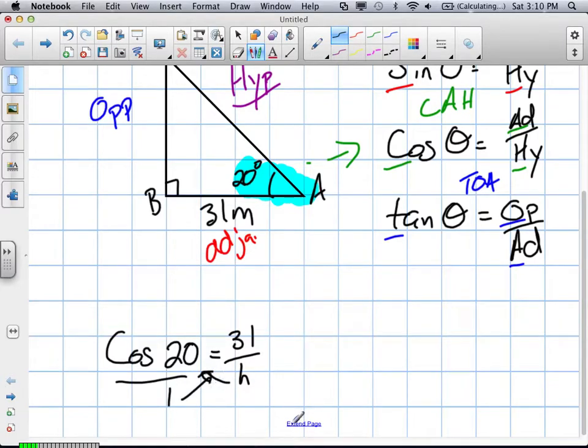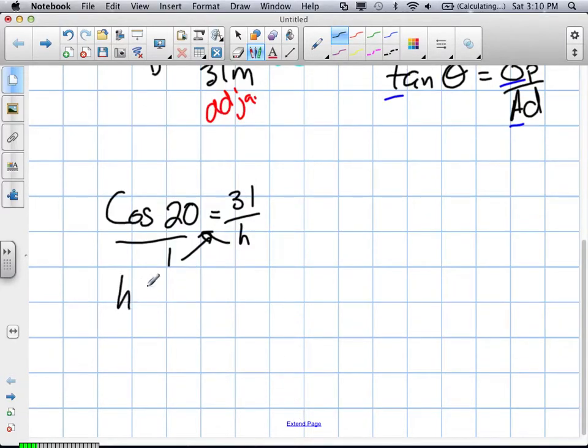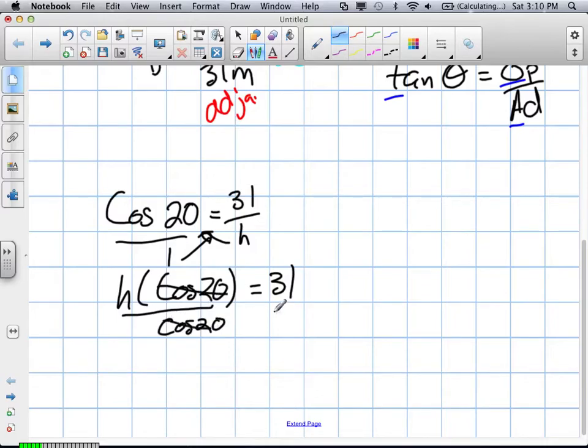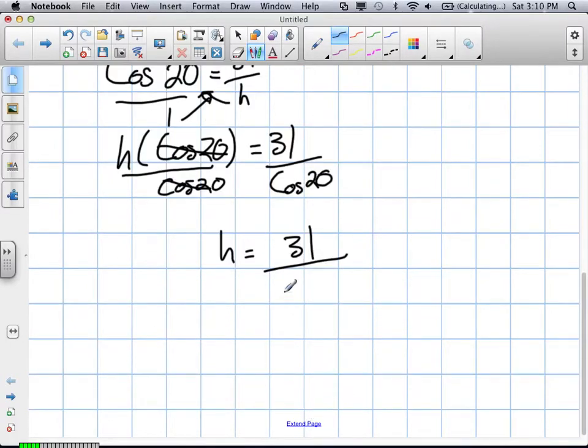It's kind of like cross multiplying. So we get h times cos 20 equals 31 times 1, which is 31. Then we divide both sides by cos 20, so they cancel out. So h is equal to 31 divided by cos 20, which is exactly what you said.